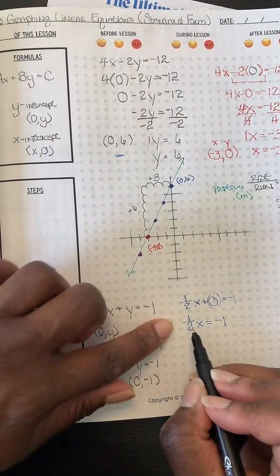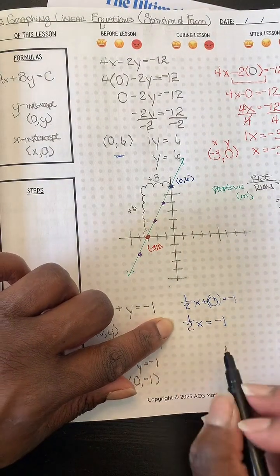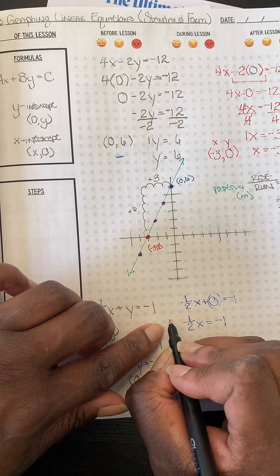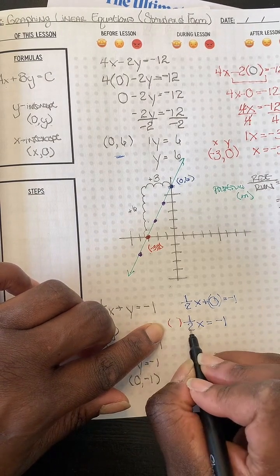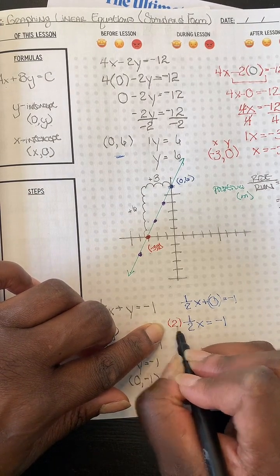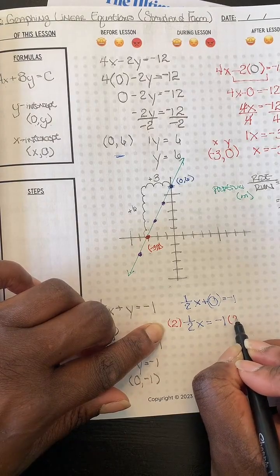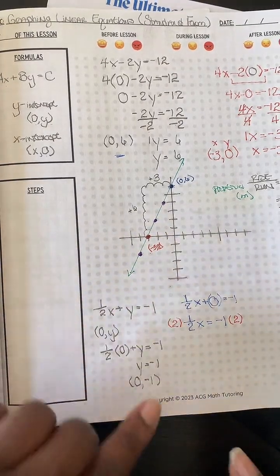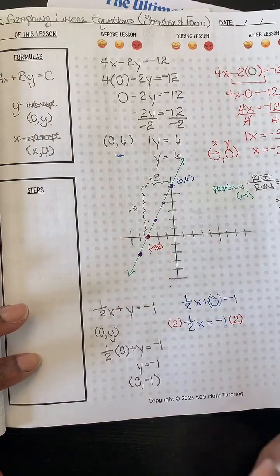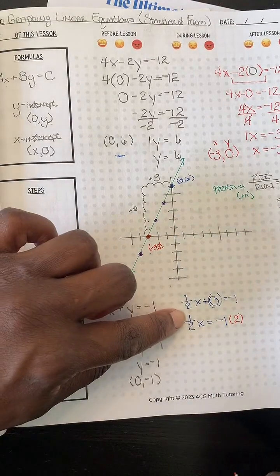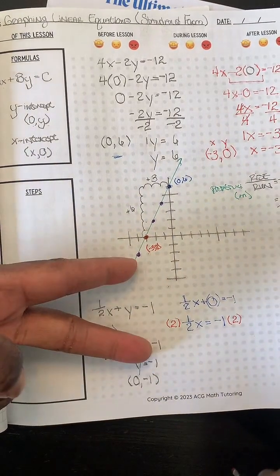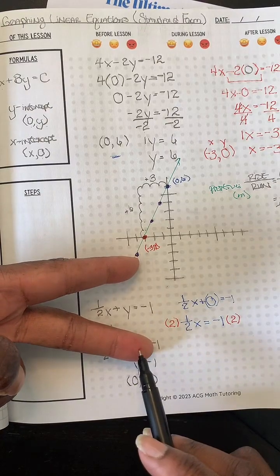So, how do I multiply a fraction? Now, I'm basically going to take its denominator and multiply both sides by its denominator. Or some people like to say, multiply by the reciprocal. The reciprocal of 1/2, you flip it. That means it's going to be 2 over 1.